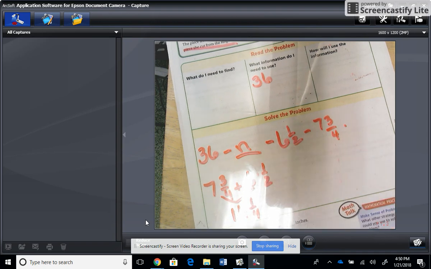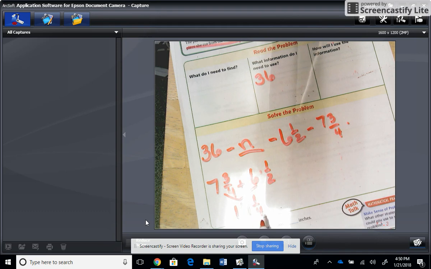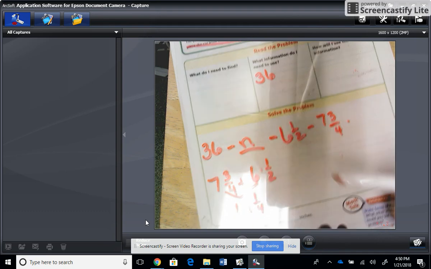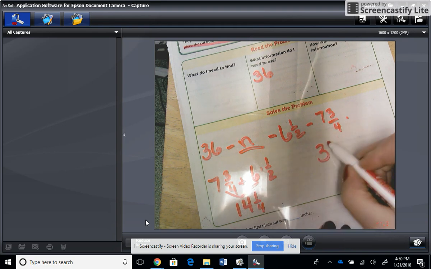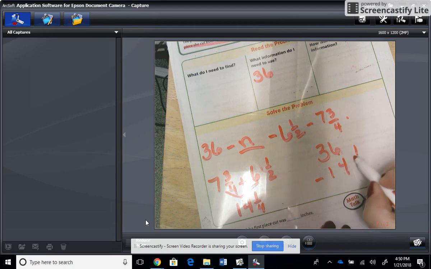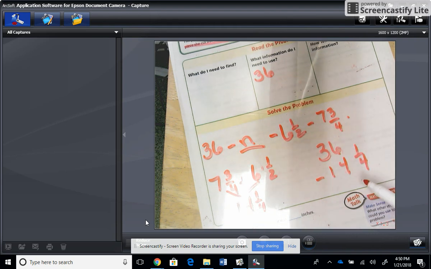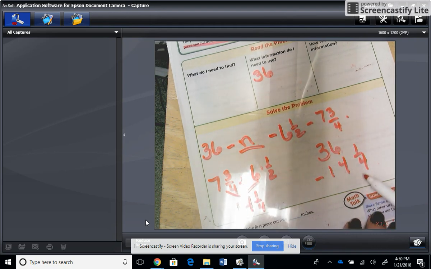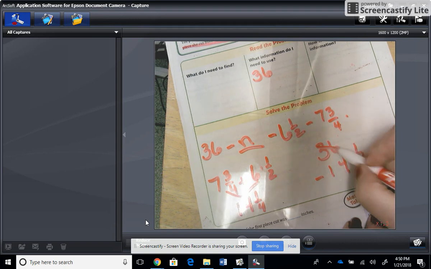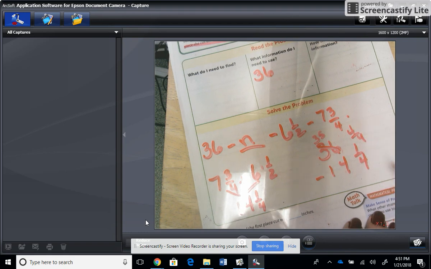So now I figured that out. So what am I going to do here to figure out my 36? Well, I used 14 1/4. So I've got to subtract 36 minus 14 1/4. Well, I have nothing to subtract here, so I could change this all into an improper fraction, but I think I'm just going to take 1 away from here, and I get 35, and I get 4 fourths here.